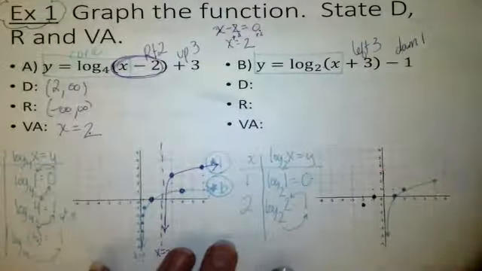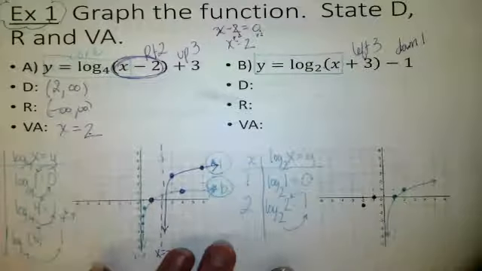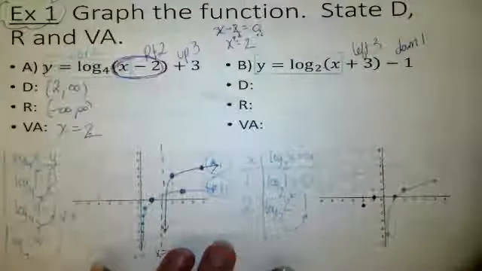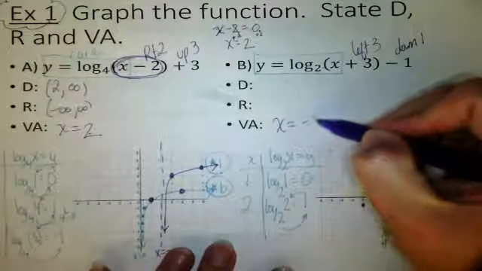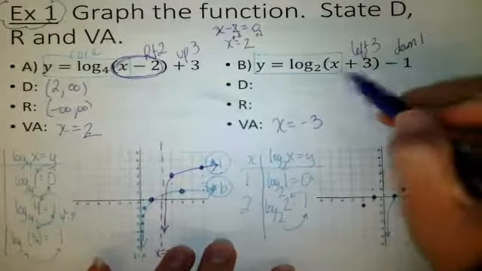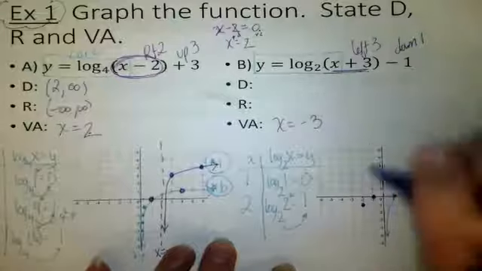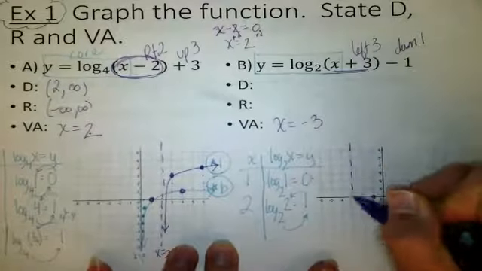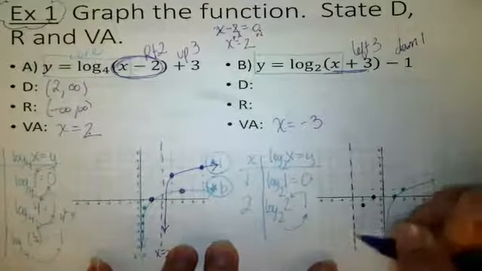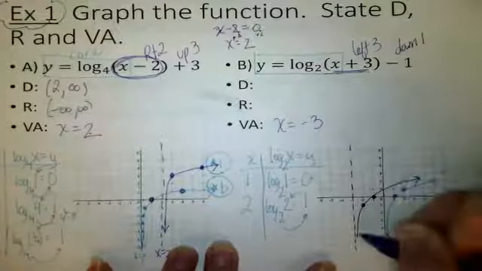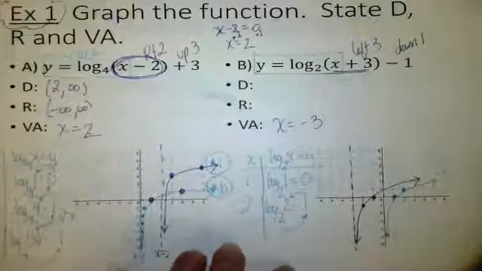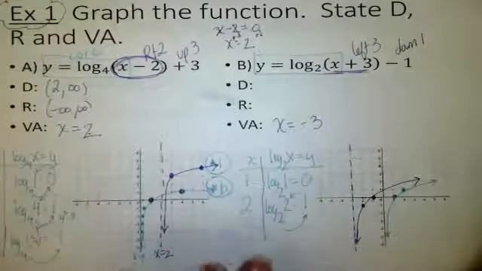Where is my vertical asymptote now? Where is it? Negative 3. X equals negative 3. It comes from right here, inside this bubble here. So I'm going to make that asymptote first. I do need to see the asymptotes on your graphs. And again, you can't cross the asymptote. You get very, very close to it.